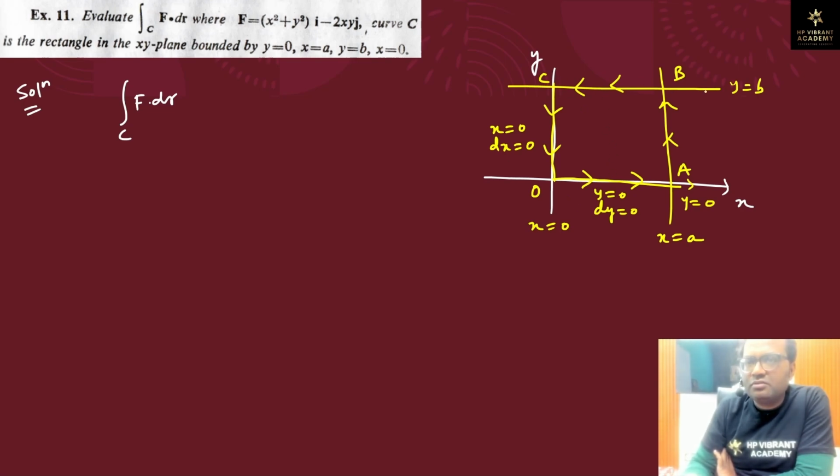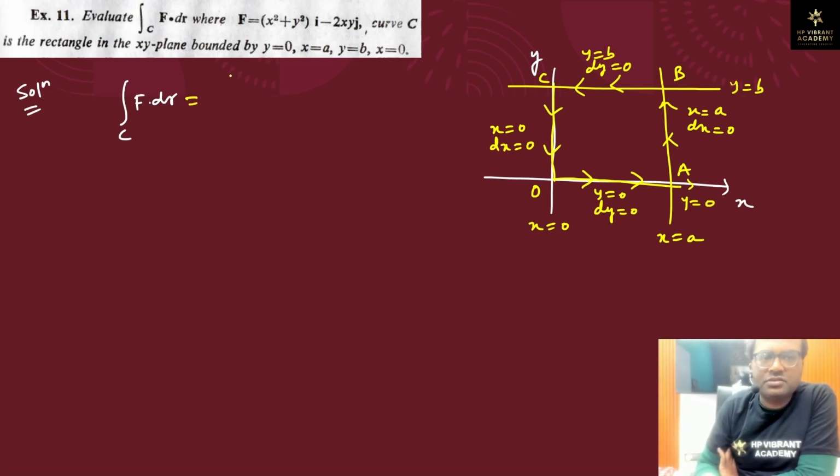Along BC we have y is equal to b and dy is equal to 0; there is no change, y is constant. Along AB we have x equal to a and dx is equal to 0, and y varies from 0 to b. So we can break curve C into OA, AB, BC and CO.